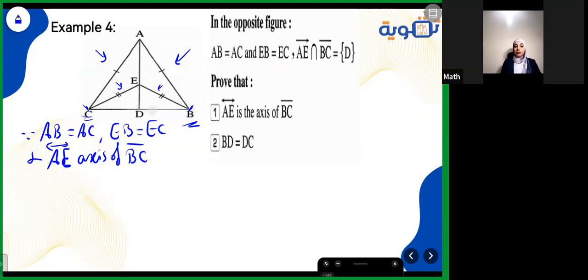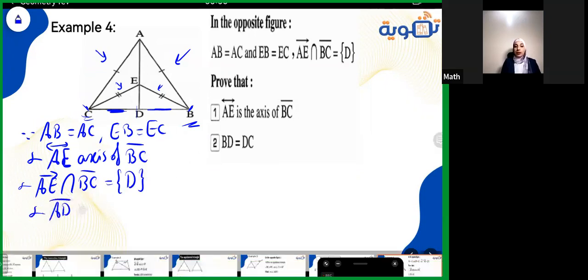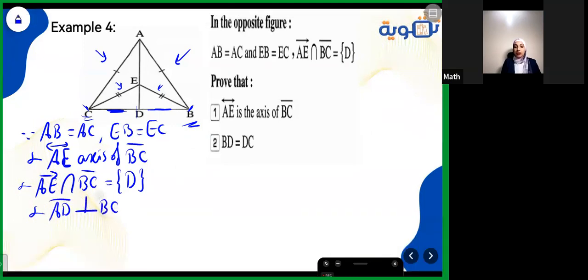Then we need to prove that BD equals DC. It's a straight line, and since AE intersects BC at point D, then of course D will be the midpoint, then AD will be perpendicular to BC, and D is the midpoint of BC.